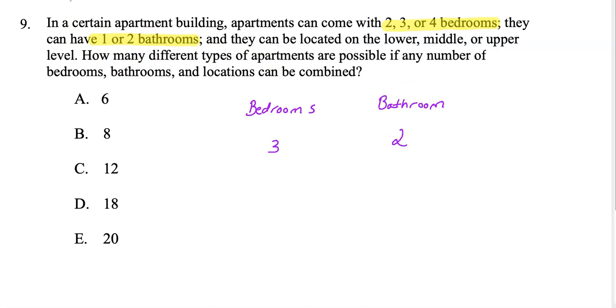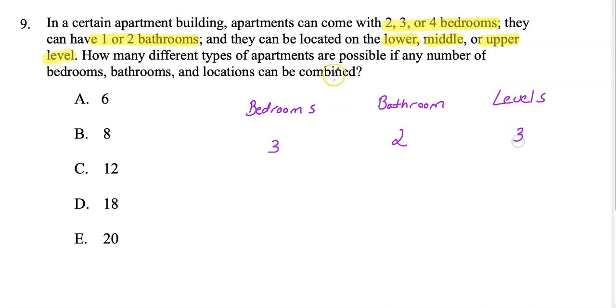And let's look at the last piece of this. It says the apartment can be located on a lower, middle, or upper level. So for the levels, there's 3 possibilities. It could be on the lower, the middle, or the upper.